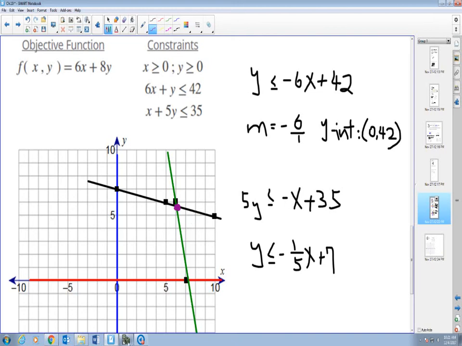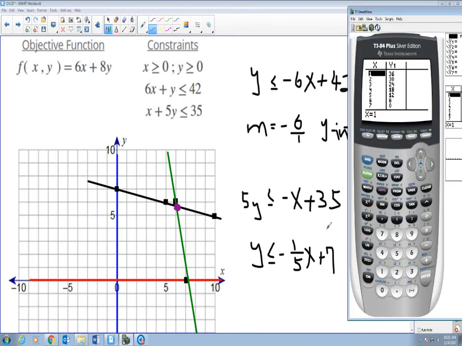So now what I'm going to do is go to my y2 and type in the other function, just to see what the intersection is. Parenthesis negative 1 over 5 x plus 7. Okay, here it comes right there.